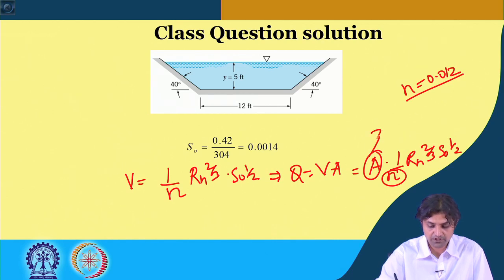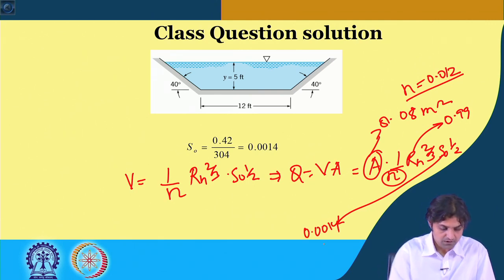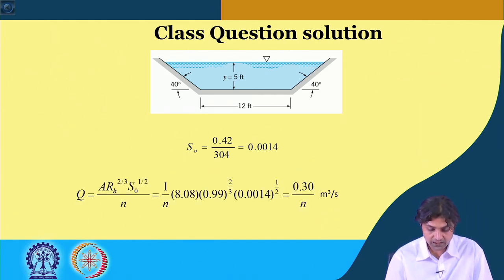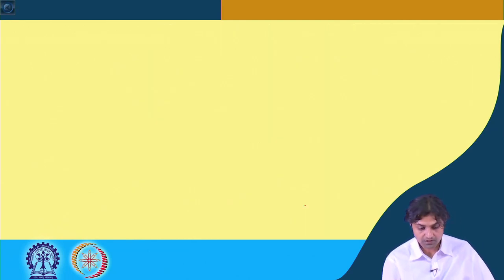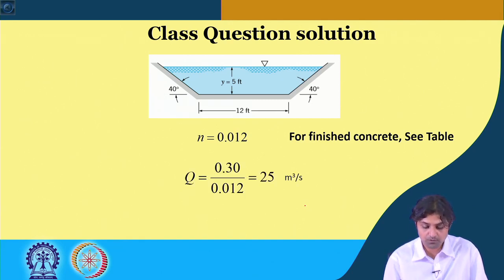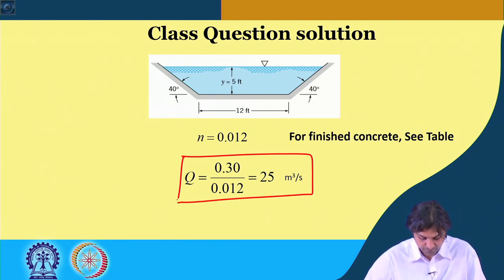Area we have already calculated, 8.08 meter square. RH was 0.99, and S naught was 0.0014. If we substitute these values, we are going to get 0.30 by N. Now, N for finished concrete is 0.012, so the Q comes out to be 25 meter cubes per second approximately.